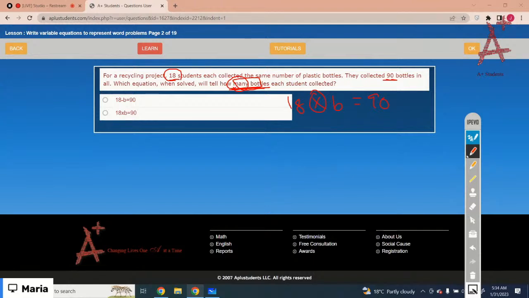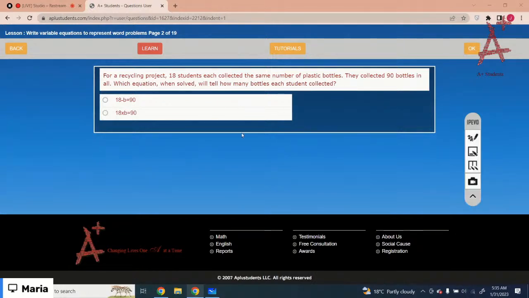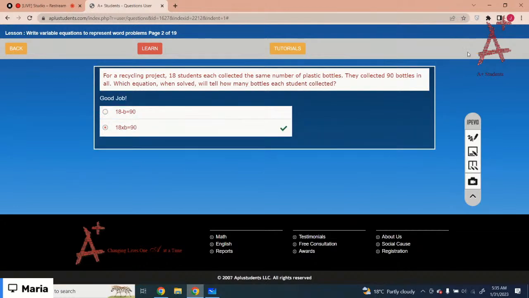That is option number B. Option number B is the correct option. You just have to understand the statement and then you can write down the equation.